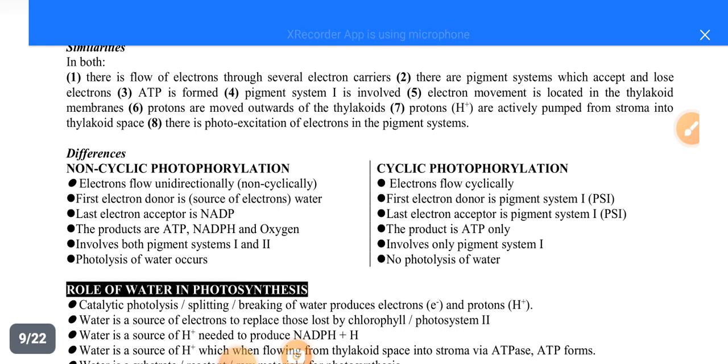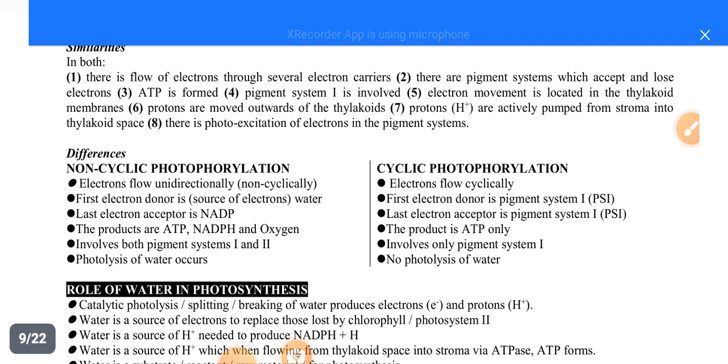Now we have non-cyclic phosphorylation and cyclic phosphorylation. Our first bullet is that the electron flow is unidirectional in non-cyclic, while here electrons flow cyclically, as we have seen above. Unidirectionally means in one direction.